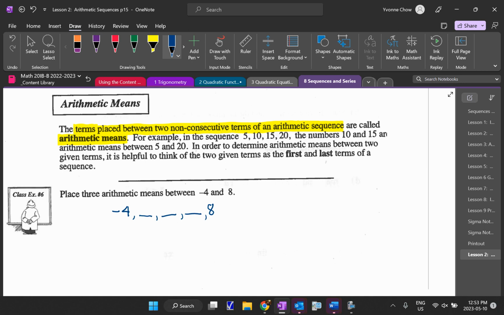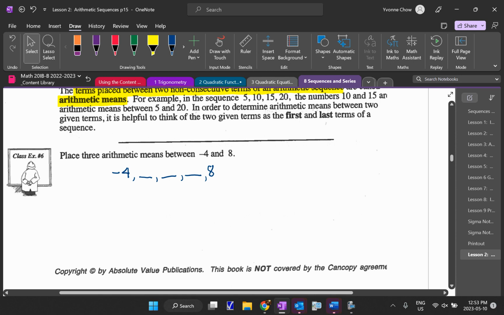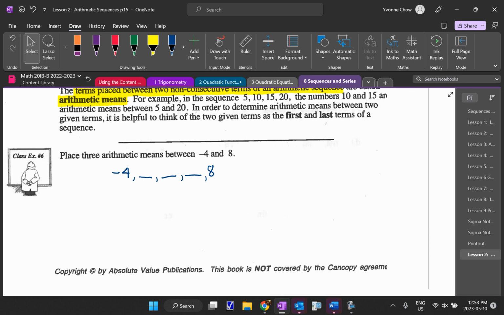Because it's arithmetic means, I know that I'm going to have an arithmetic sequence, and there's lots of ways to go through this. Some people can figure this out logically, other people might use guess and check. Please don't use guess and check because it might not always work out nicely, and that could also take you more time. But how do we figure this out algebraically?